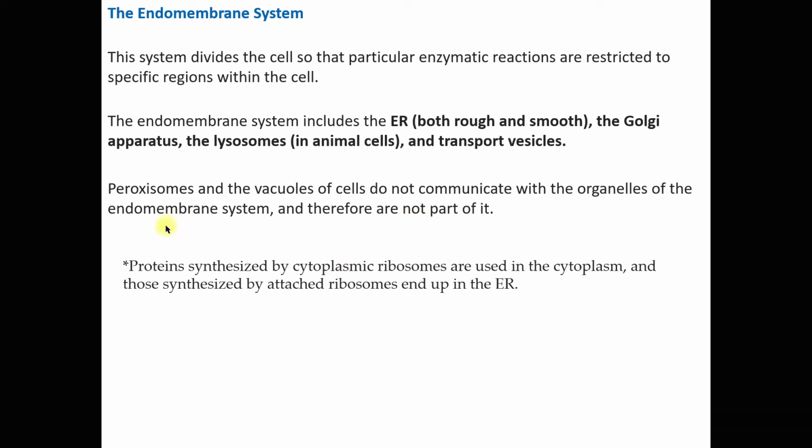It is just that the proteins synthesized by the cytoplasmic ribosomes are used in the cytoplasm, meaning they are used within the cell. The protein synthesized by the rough endoplasmic reticulum usually will be secreted out of the cell as cell secretion. While in the endoplasmic reticulum, the proteins are folded and form their final 3D shape.